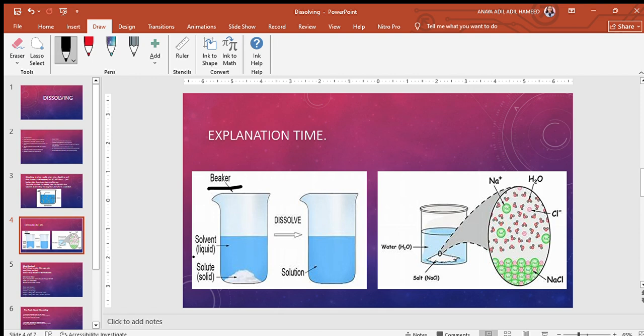The solvent is the liquid, and the solute is the solid. When you mix these two things together, you form a solution. In easy words, a solution is when things dissolve. You can take a quick screenshot if you want to.